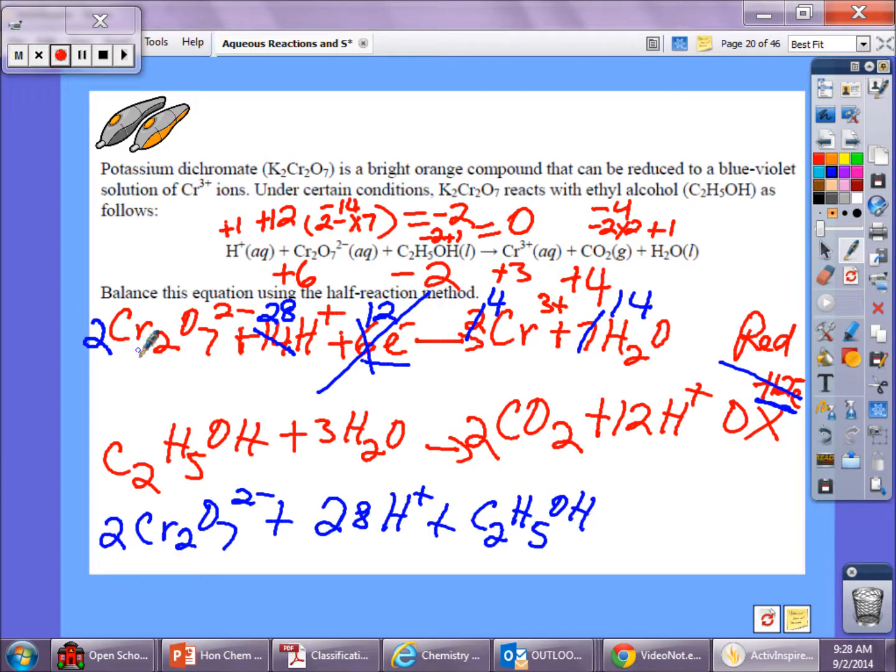Okay, I already used this one. I use this one. I use this. And then let me see if I can reduce any water. I have 3 water here. I have 14 water here. So that means I have 11 water left here.